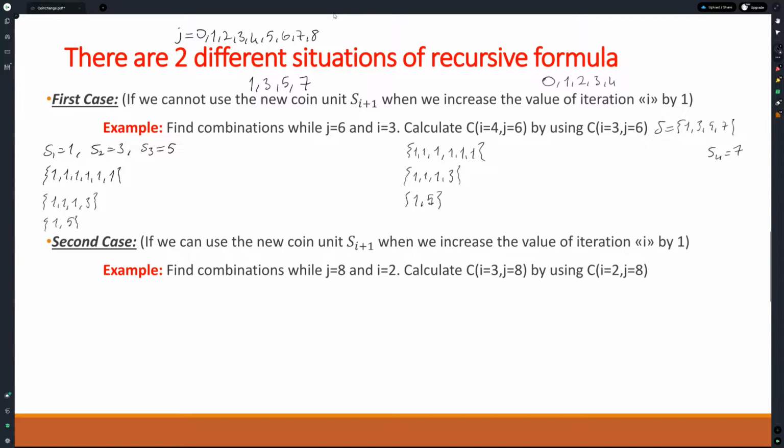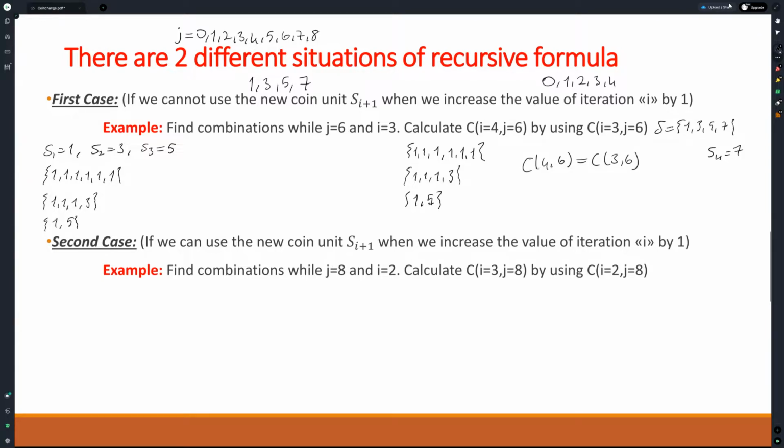We cannot use the new coin S4 because the amount of money is 6 and it is smaller than 7. We cannot use it. So we can reach the conclusion that C4 and 6 equals C3 and 6.